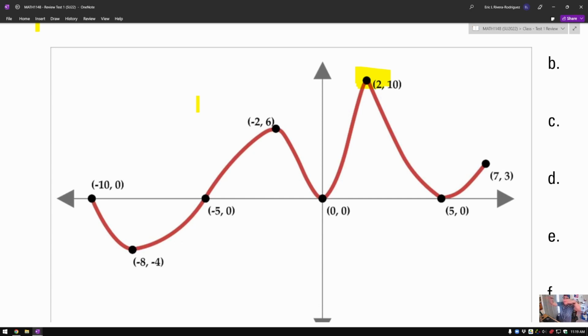That point is above everyone else. I am highlighting the absolute minimum. That point is the lowest point in our graph. Okay?